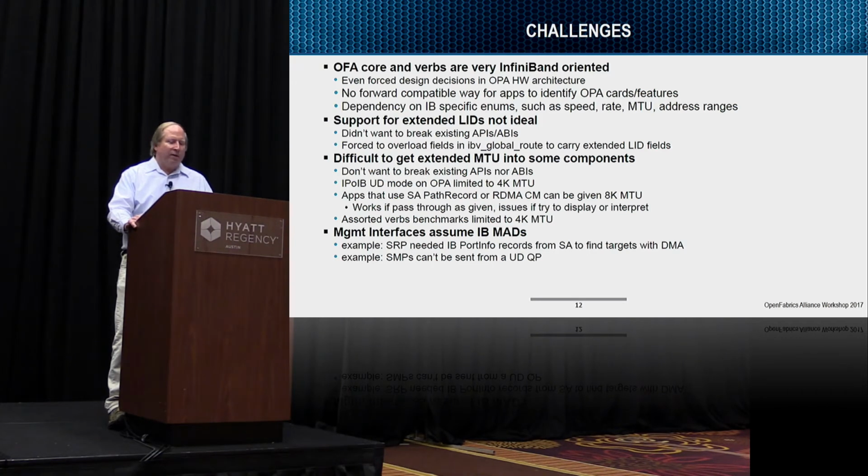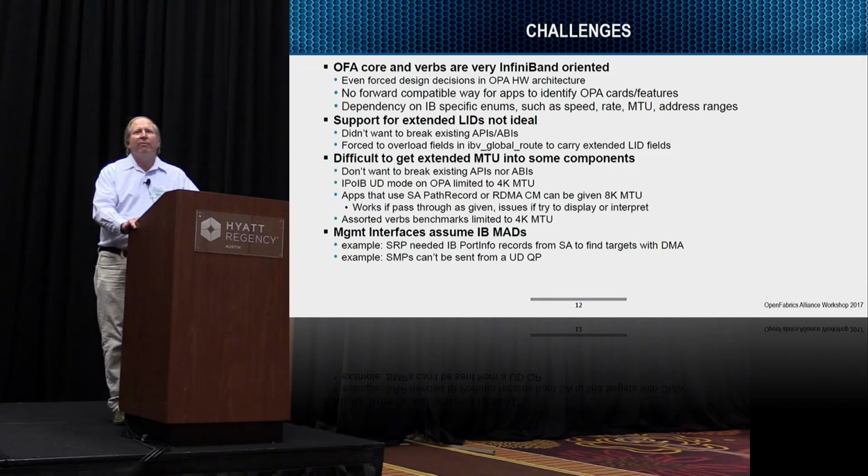We've also found littered throughout the stack a lot of IB-specific constants and enumerations that give us angst. For example, rate is an IB-defined enumeration. We support a 3x link, that is, at 25 gig per lane, a 75 gigabit link. There is no enumeration value for 75 gigabits, so we had to use the 80 gigabit one as close enough.